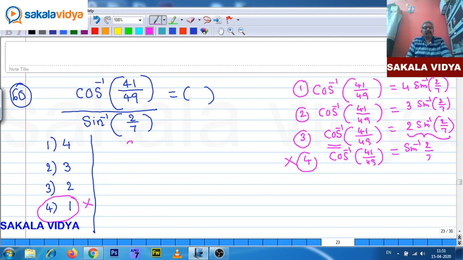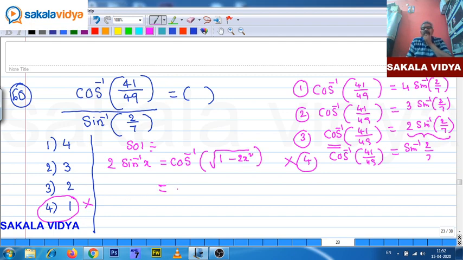So now we have one formula: 2 sin inverse x equals to, we need to write in terms of cos now, cos inverse of 1 minus 2x square.